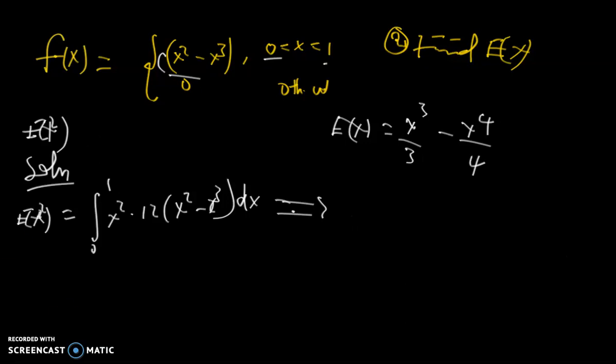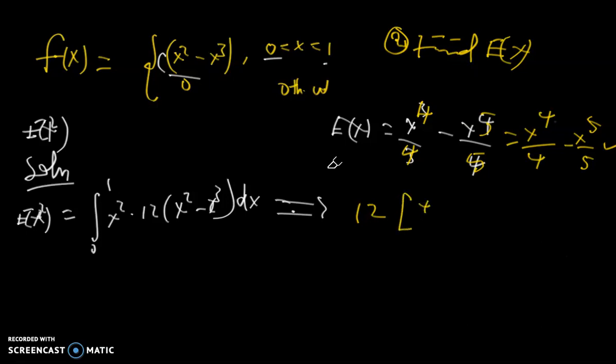So in the expected value we integrated this to give us x power 4 divided by 4, and x power 5 divided by 5. So this was what we have. So we simply work on this so that now x squared will be given by 12, which is still the constant.